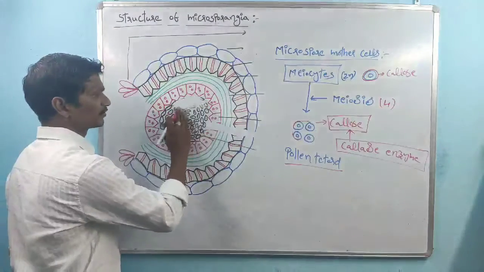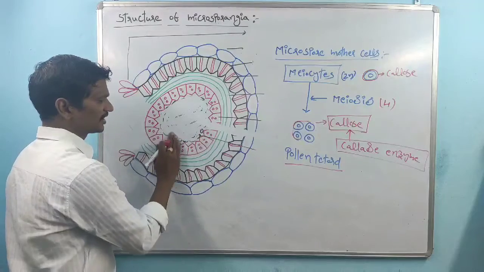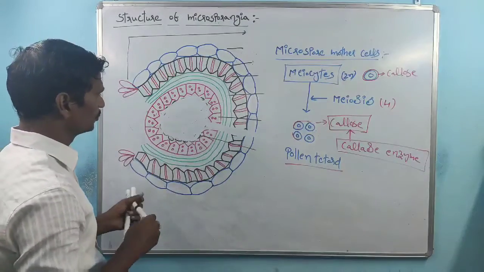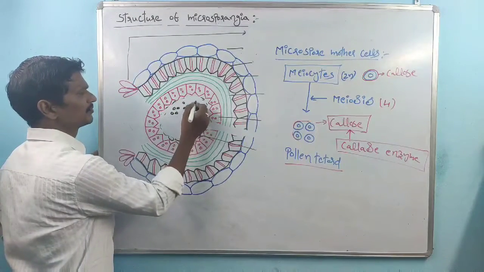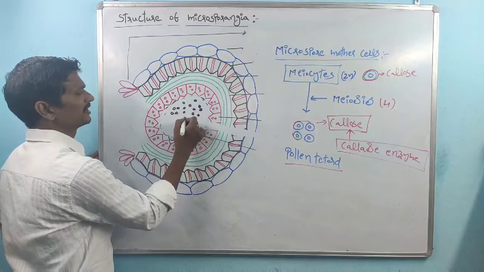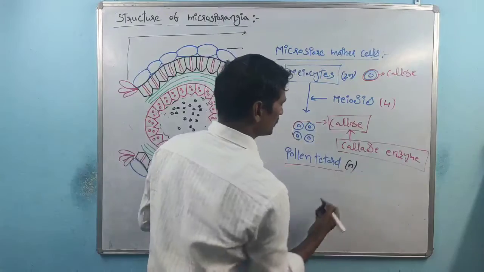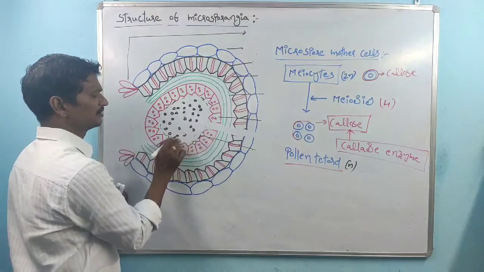These are the microspore mother cells, which undergo meiosis, so inside, many pollen grains are produced. Here the pollen grain state is the end state. Many pollen grains are released here.